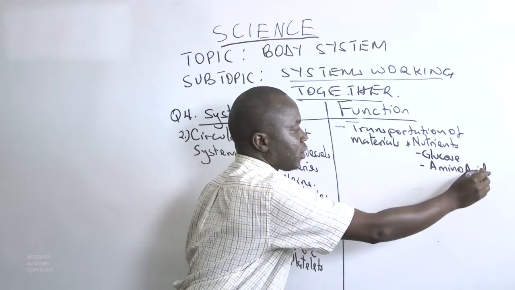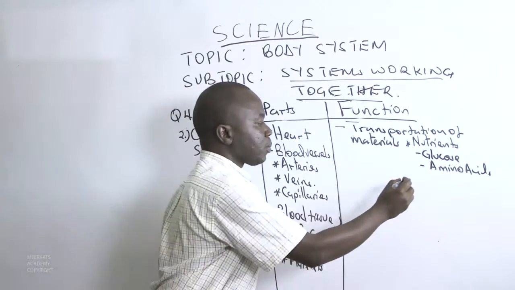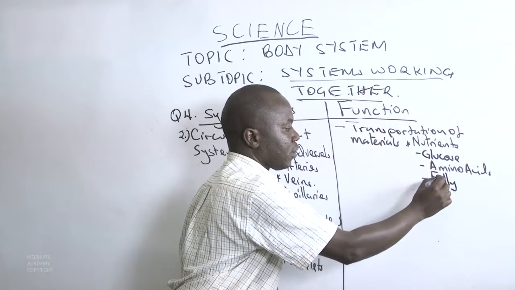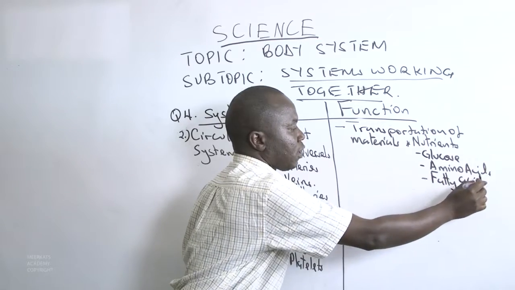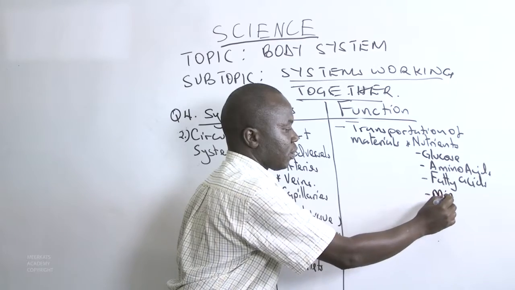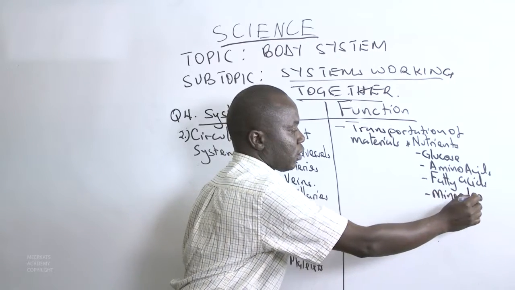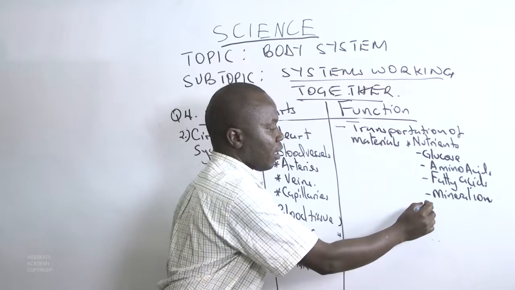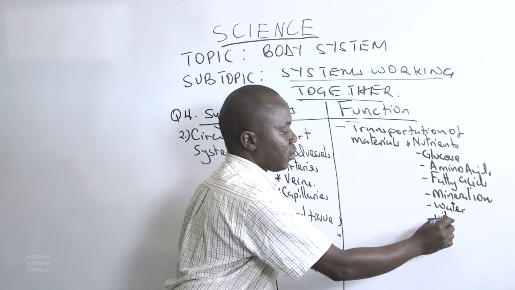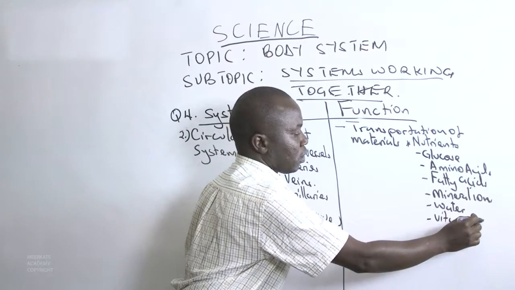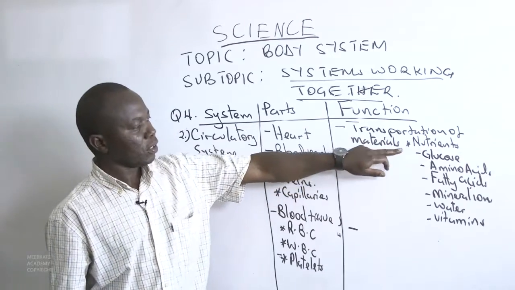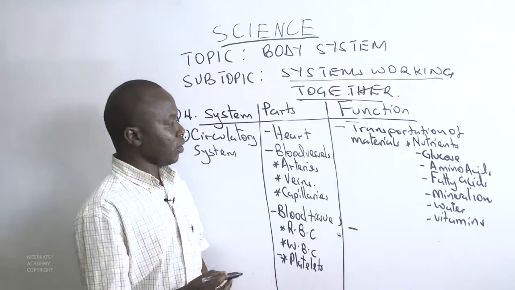These are the forms in which these materials will be transported. We have fatty acids and glycerol, mineral ions, water, and vitamins. So, transportation of materials, for instance, nutrients.